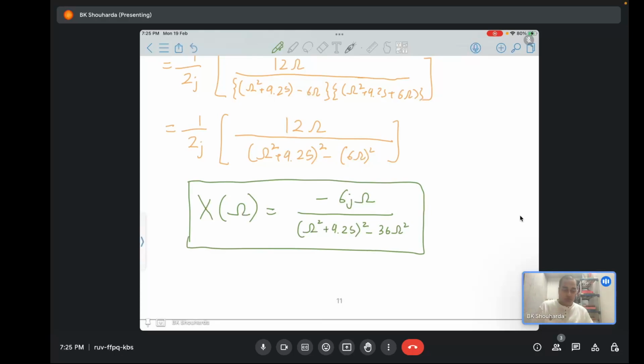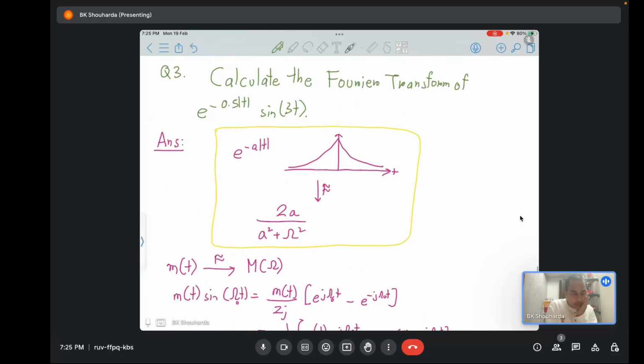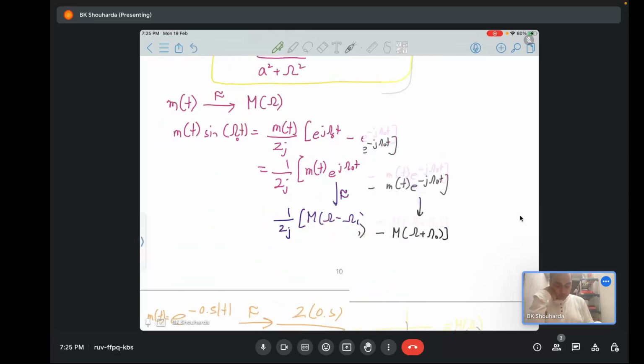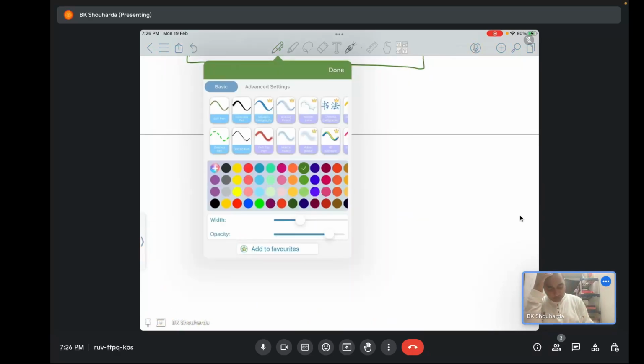Alright, so you have seen that using the properties, without direct integration, we can easily obtain the Fourier transform, isn't it? So we can use another property over here. What is the property that I'm talking about?